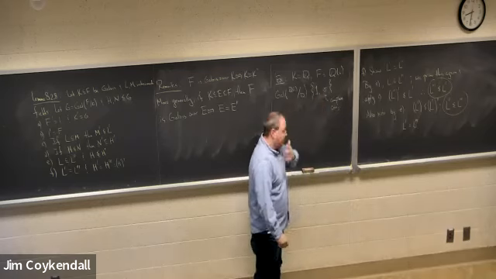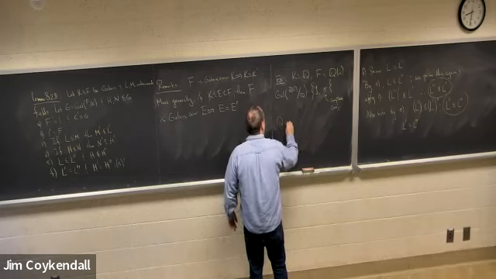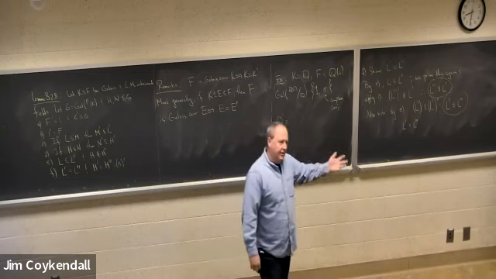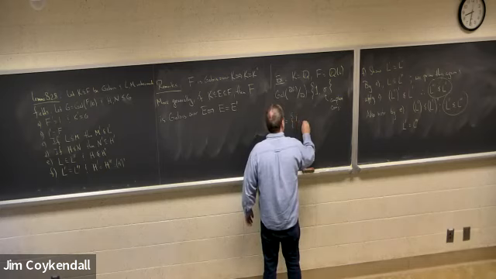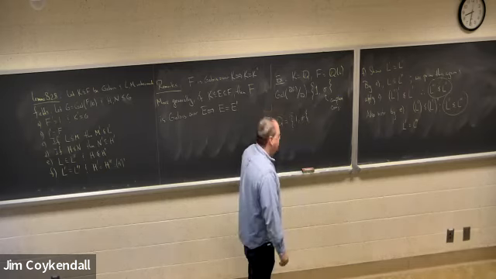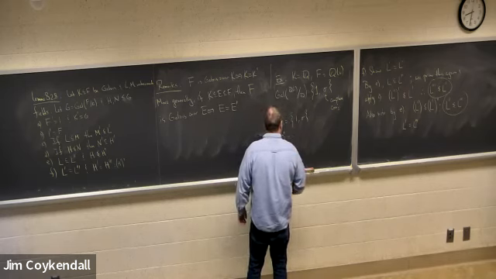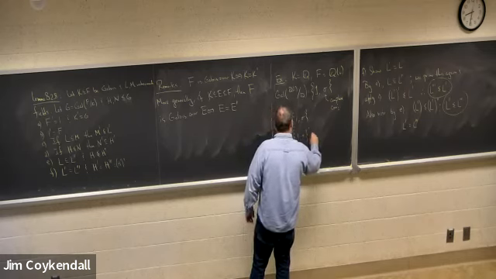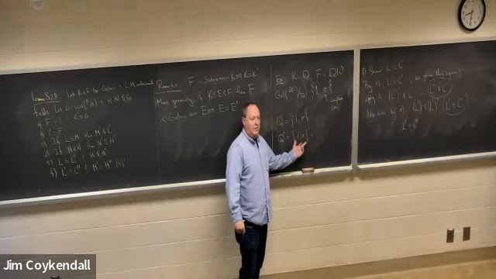Now, this extension actually is Galois, because if you look at Q prime, it is the set of every automorphism that fixes all of Q. So this is 1 and sigma. Now, look at the set 1, sigma, prime.